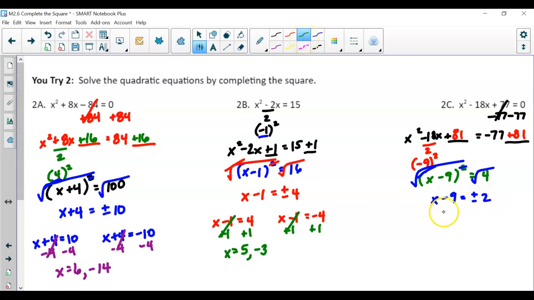So now here you've got your two equations of x minus 9 is equal to 2 and x minus 9 is equal to negative 2 here. So when you go through to solve, adding 9, right, because that's the opposite of subtraction, adding 9 to both sides, you get x is equal to 11 and x is equal to 7.